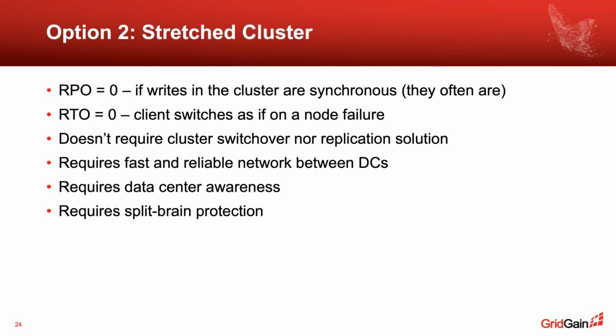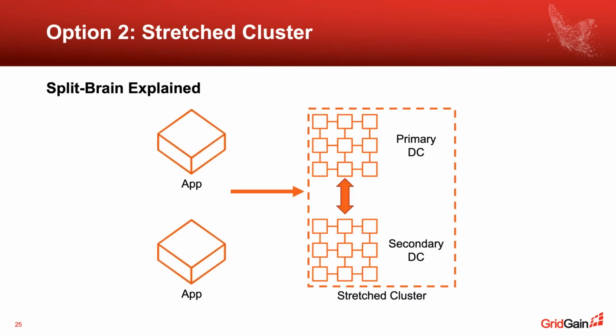So we can't really do much about the network, but let's talk about split brain protection and data center awareness. So what is a split brain? Say you have multiple applications working with your stretched cluster, and the network between your data centers dies. Because your nodes are still up and running in each data center, it appears as if the other data center has died.